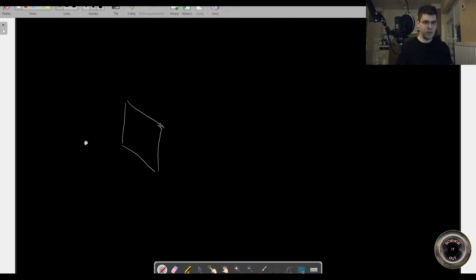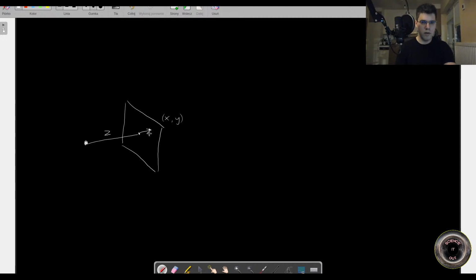We have an image plane, and let's say 0, 0 is here. We have some point xy on this plane. And we can imagine that the observer is at some distance z from this plane.